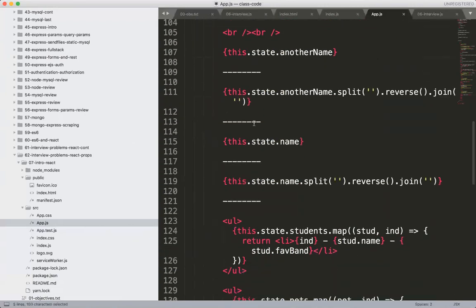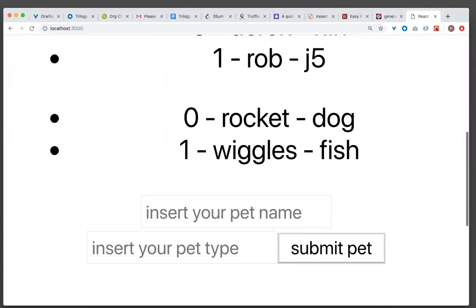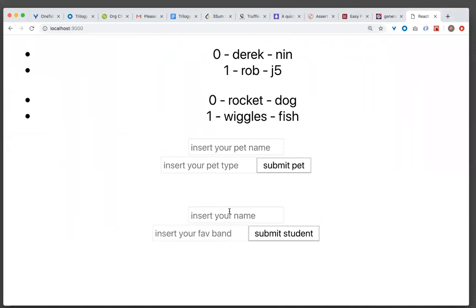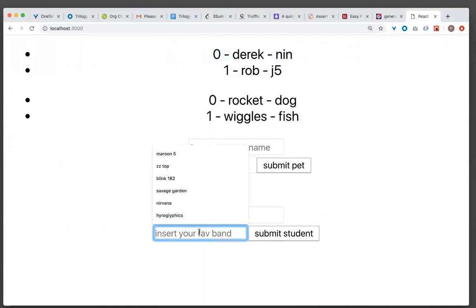So now let's take a look at right here. We have two students here, right? Derek and Rob. I'm gonna go ahead and put in Sandy. Doesn't have to be your favorite band, it can just be a band. Is that what you said?